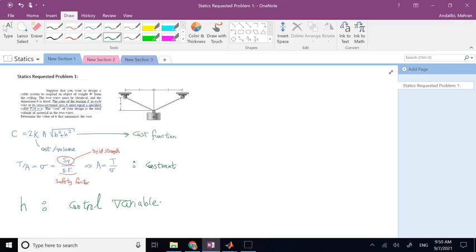So you might say, well, the way it looks like, the bigger the h is, the bigger the length of the wire is going to be, the bigger the amount of wires that you use, and that means more cost. So it seems like your cost function is not really showing a minimum or maximum, or h is just affecting your cost function in one way. It's kind of monotonously increasing.